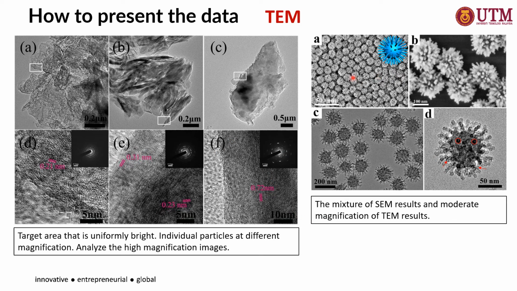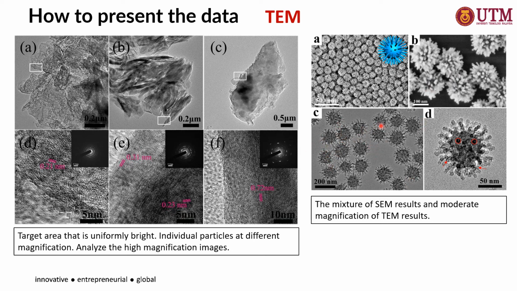Another example is, for example, you have only one sample, but you want to combine the results of the SEM with the TEM. In this case, this is only one sample with a structure almost like a rambutan, right? This is a low magnification image of the SEM. This one is a slightly higher magnification SEM image, and this is the low magnification image of TEM.